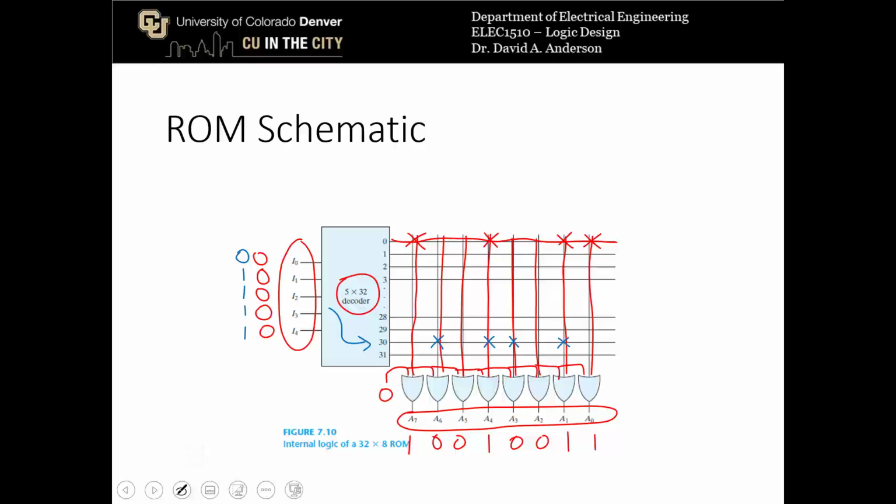So now the data that's given at the output is going to be 1, 0, 1, 0, 0, 1, 0, 1. Again, the connections form the data that's given at the output. So if you want to stream data out, you would just form all of the connections for every byte of data that you need, and then run through all possible addresses, and the data would be streamed out sequentially.